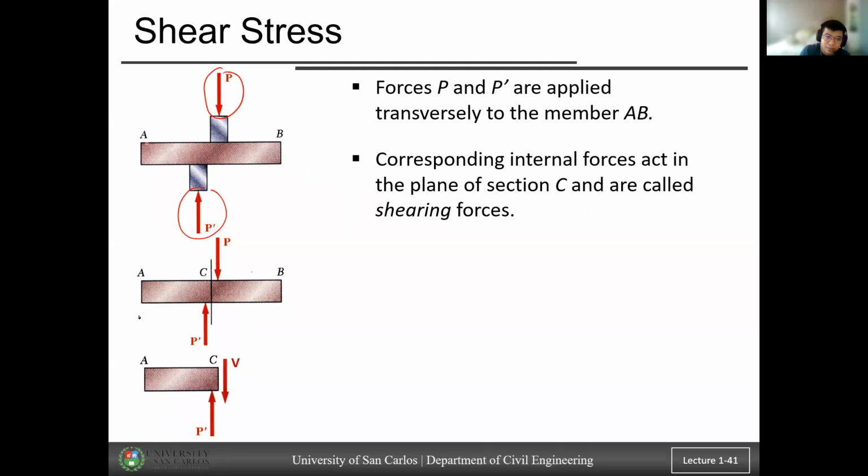So probably the material will experience some deformation at first. Since this one is going upward, and then this one is going downward, it probably slides, right? Due to some forces experienced by your member.